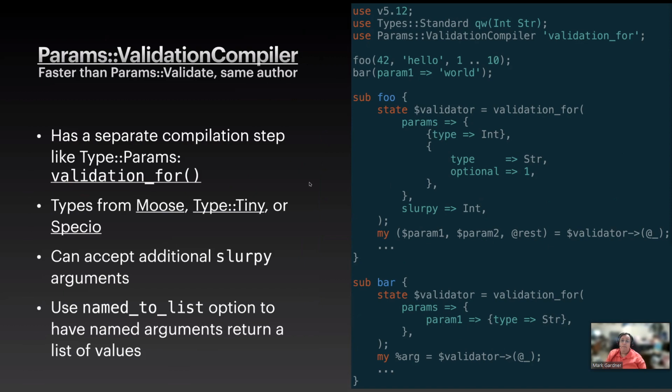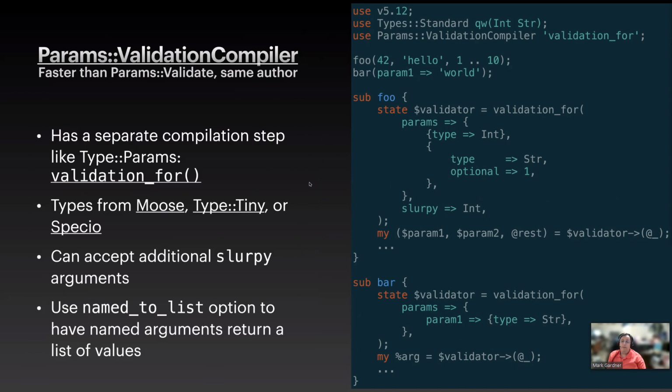So here in this code example, we're doing a lot of stuff that looks just like type params. We're compiling a specification into a state variable called validator in the foo function. In this case, it takes positional params. The first parameter has to be a type of integer.